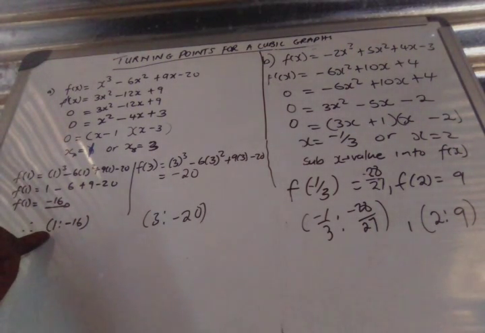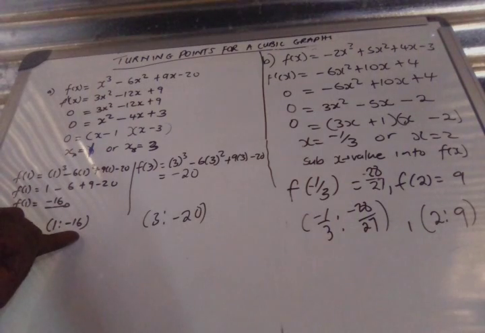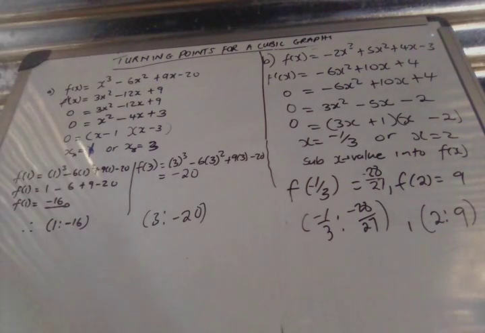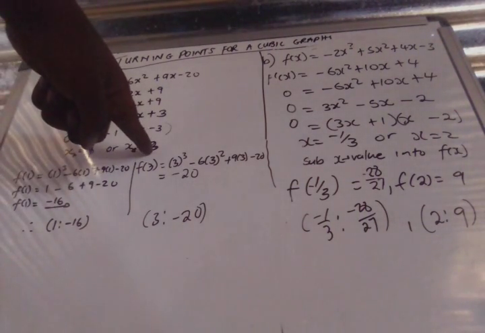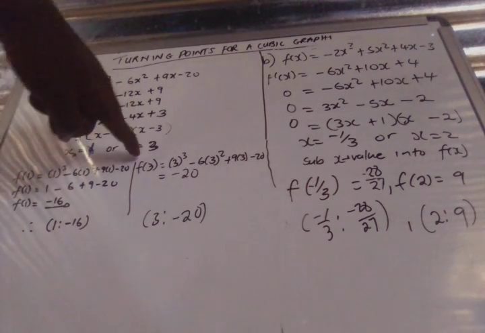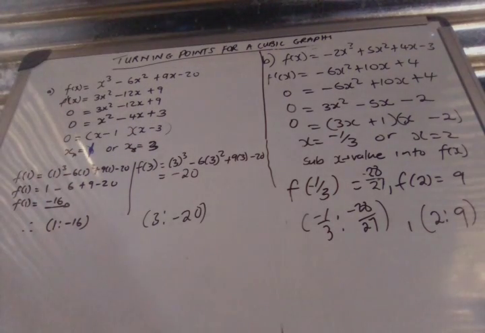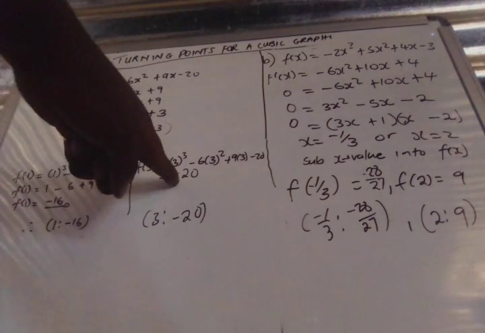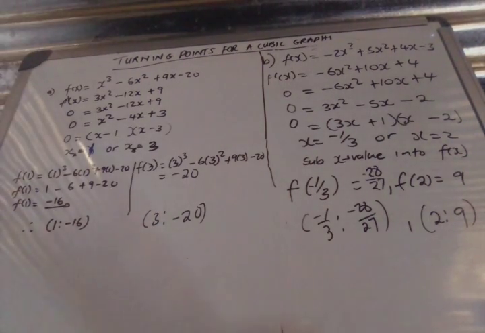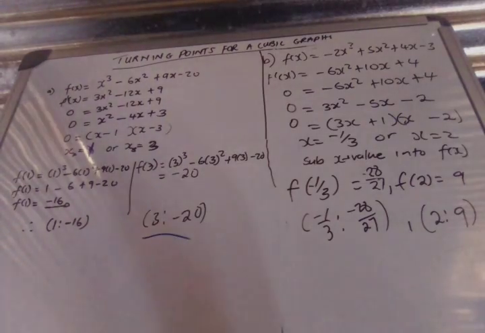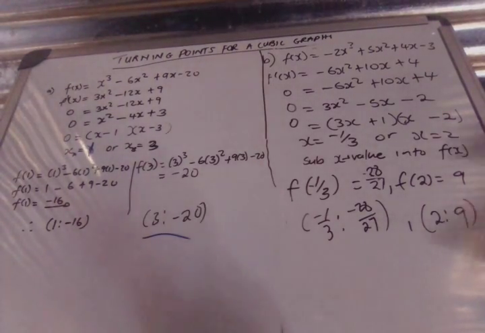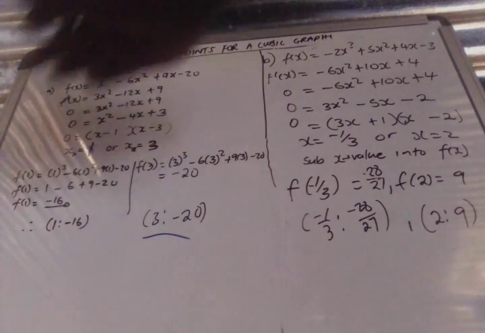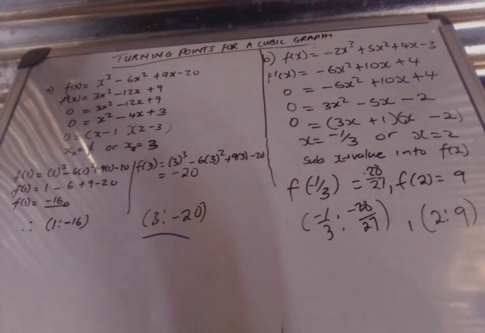The x value is 1 and the y value is negative 16. Again, if you take the x value 3 and substitute it into f of x, you get negative 20. So another turning point would be (3, -20). So you'd be done. For this function you now have the coordinates of your turning points.